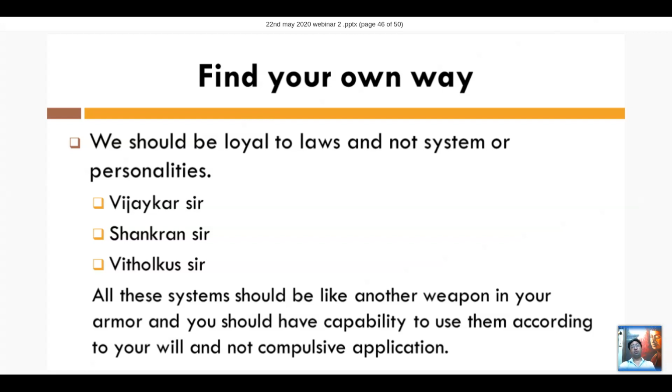So find your own way. We should be loyal to the laws and not to the symptoms and personalities. Vijayakar sir, Shankaran sir, Vithalkar sir, all these symptoms should be like weapons in our armor. And we should use them not out of compulsion and mental programming.